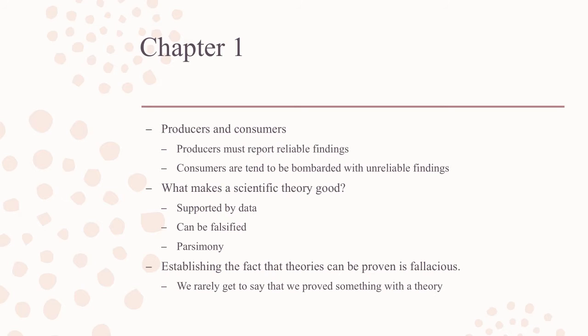What makes a scientific theory good? It's supported by data, can be falsified, and parsimony. So again, parsimony just refers to if there's two definitions, the simpler definition is preferred, the easier one to understand. So for example, natural selection, right?